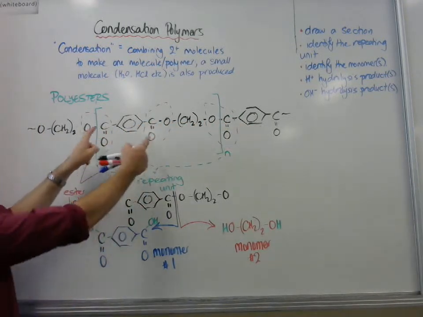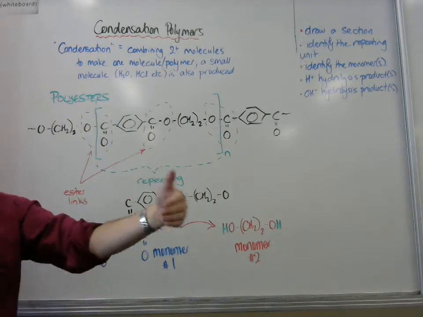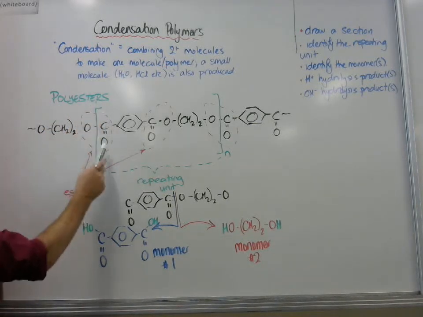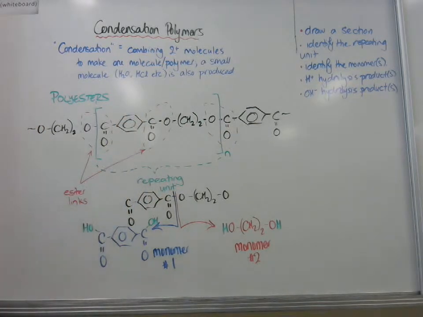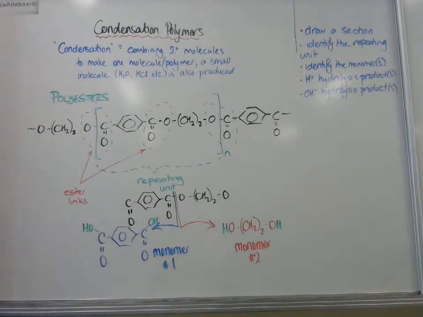I can see that this bit and this bit are the same, so it started to repeat itself. So I put a square bracket through the ester link there and through the ester link there to show the repeating unit. The little n means that there are millions and millions of these. It's a very, very big number.